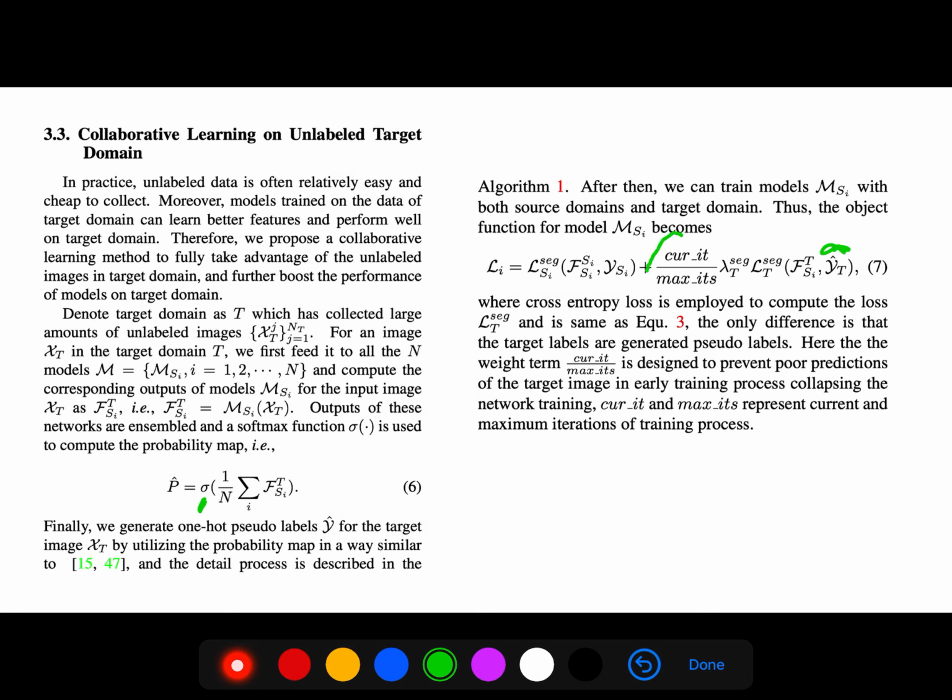So this term is designed to prevent poor predictions of target images in the early training process from collapsing the network training. Here k is the current iteration and K is the maximum iterations of the training process.